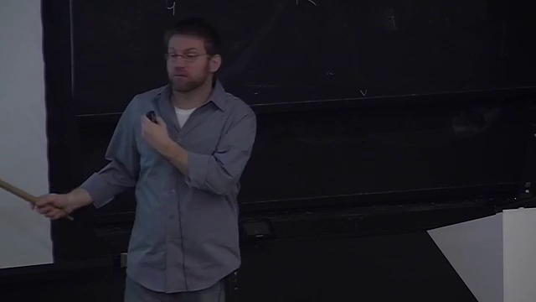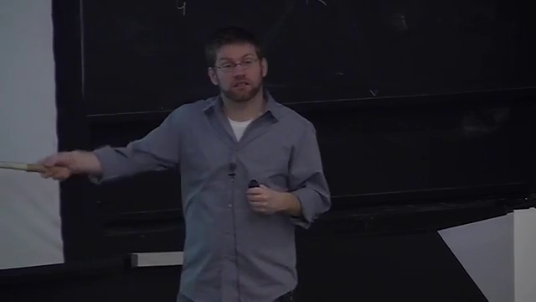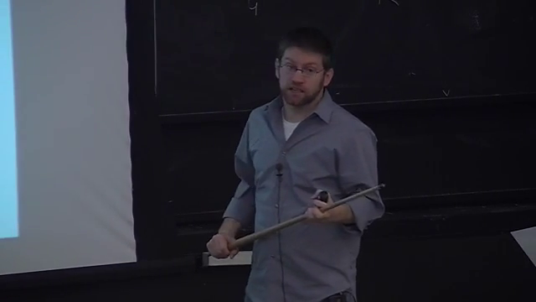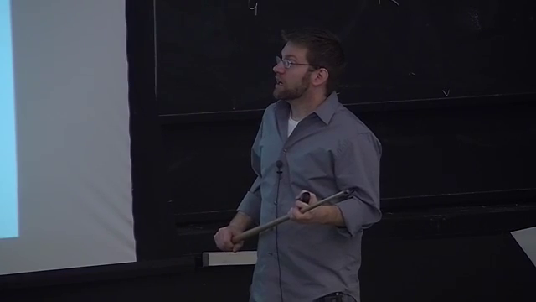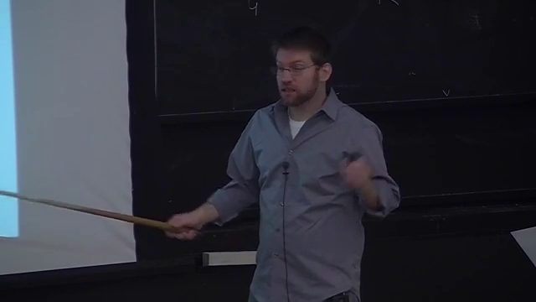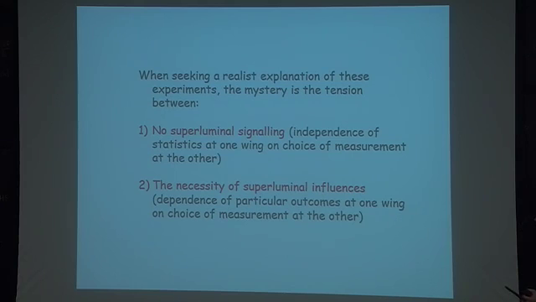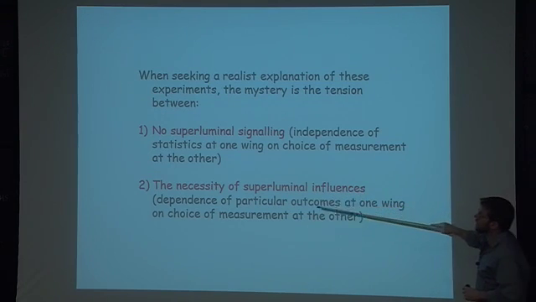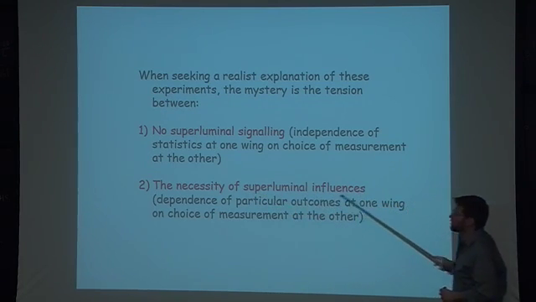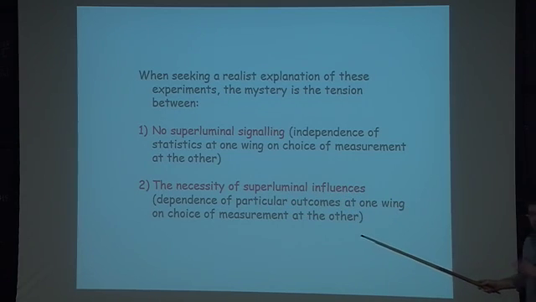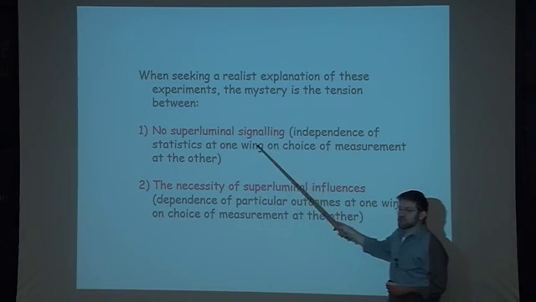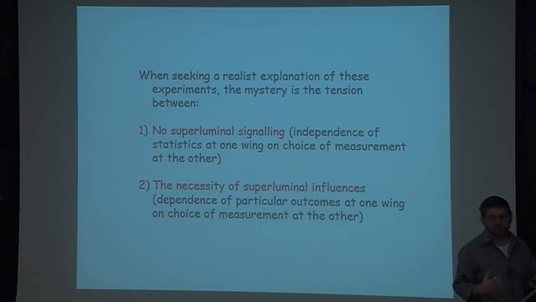As we saw in the Bell example, one of these particles is going to need to know what the outcome was on the other side to be able to explain in a causal sort of way how you get correlations. So I'm not saying this is the way you should necessarily think about it, but one way of thinking about Bell's theorem is that there's this tension. Why should it be that we have superluminal causal influences to explain these correlations, and yet we can't use those influences to send signals? That seems odd.